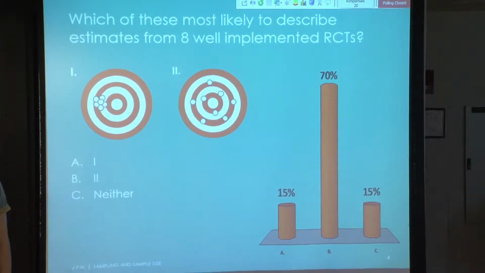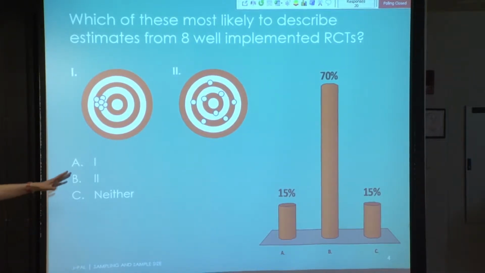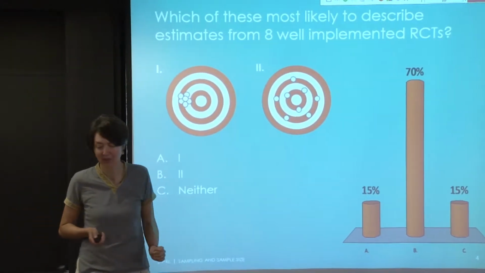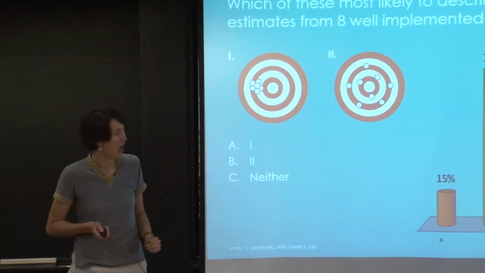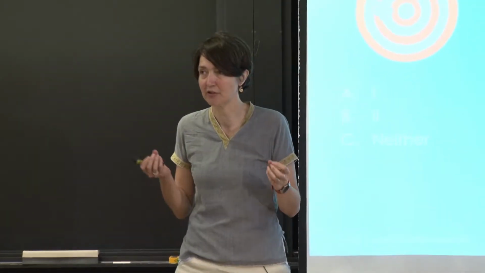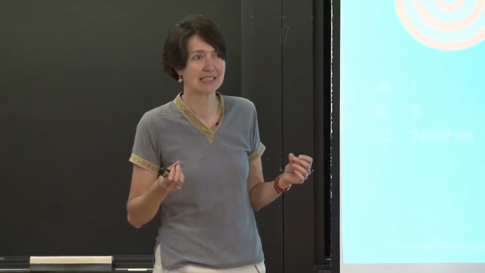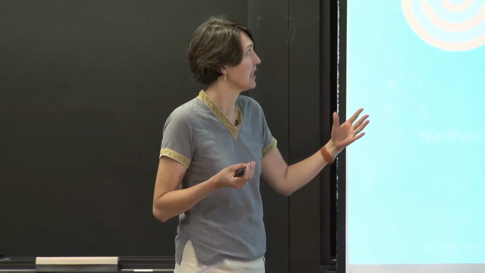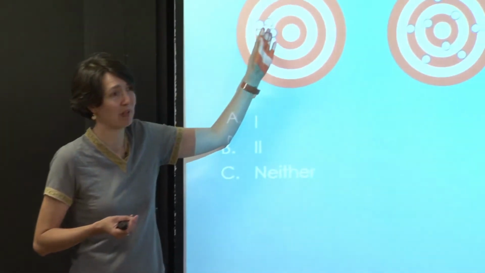That's great. Most of you got the right answer, which is 2. The reason for that is one of the benefits of a randomized trial is that it reduces bias, and this is a description of bias.